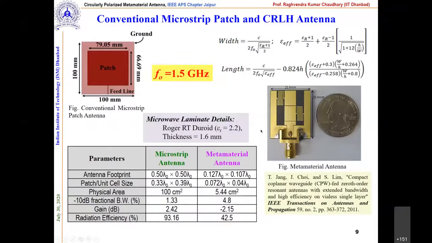Now you will see that the same frequency could be accommodated in a small size. This is just 1 by 4. So this motivates us: can we make a compact antenna for the smaller frequencies, or rather I should say for handheld devices.